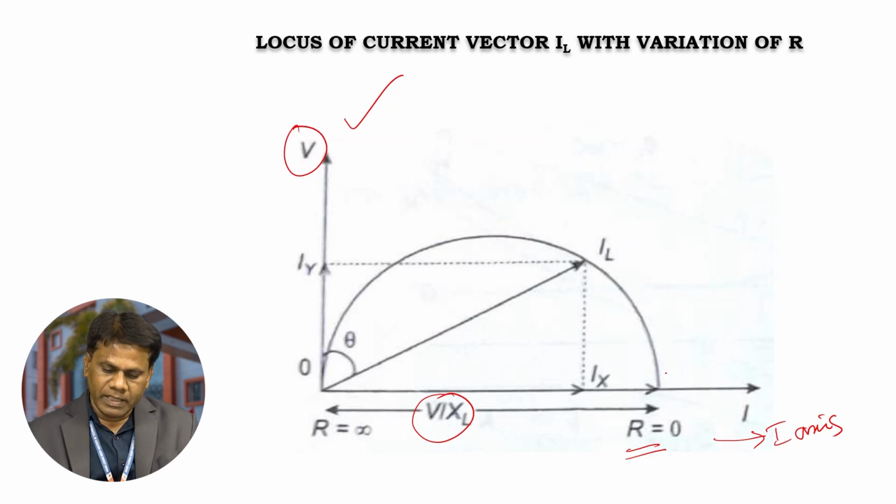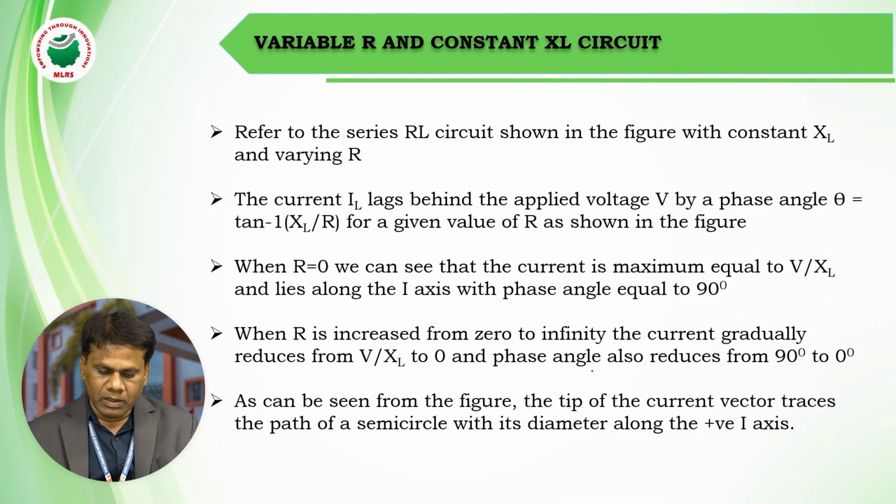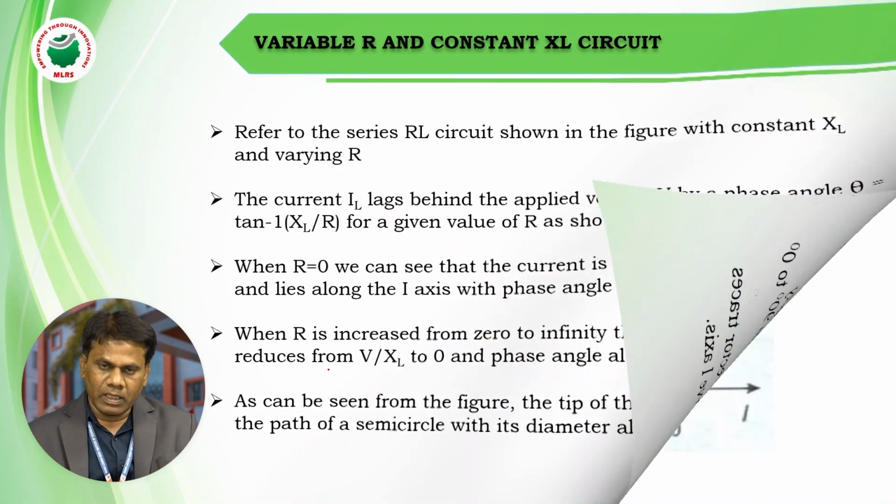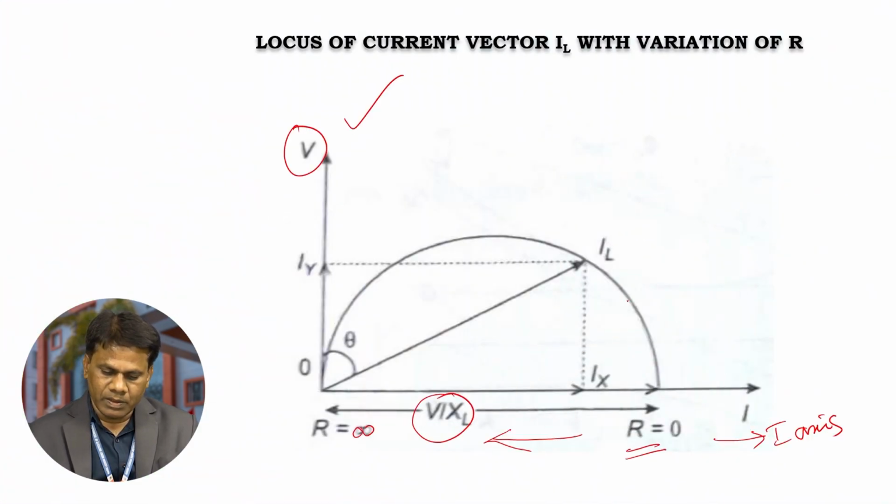If we increase the variable resistance from 0 to infinity, the current gradually reduces. This is the tip of the current phasor. The phase angle also reduces to 0.